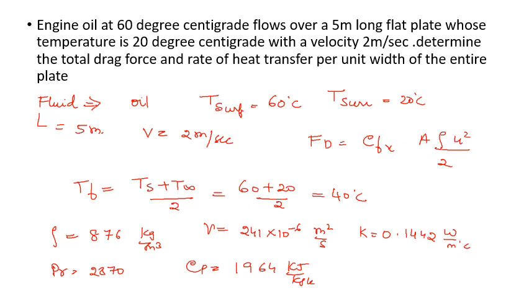So we are supposed to find the Reynolds number. The Reynolds number is found by the formula Re is equal to U L by nu. U is 2 meter per second, viscosity we know is given to be 241 into 10 to the power minus 6.